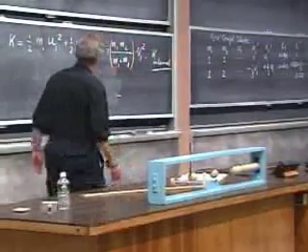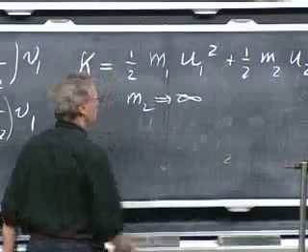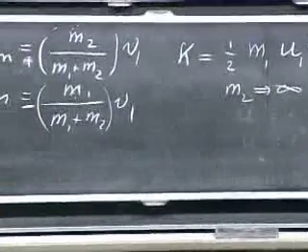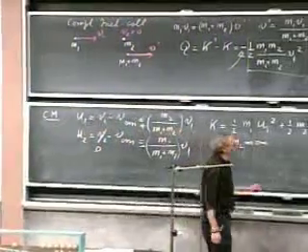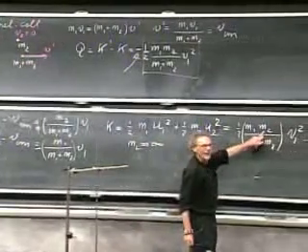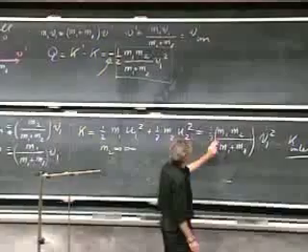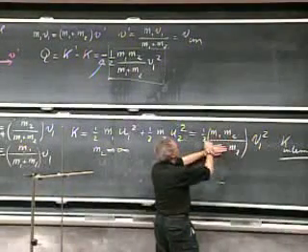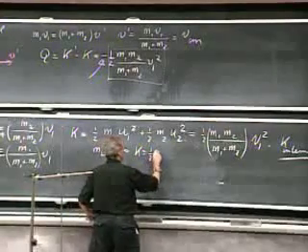We can take a very special case, and we can take M2 going to infinity. It's like having a piece of putty which I slam on the wall. It gets stuck. And what is the maximum heat that you can produce? That's all the energy there is. If M2 becomes infinitely high, then M1 can be ignored. M2 cancels M2. You get 1/2 M1 V1 squared.